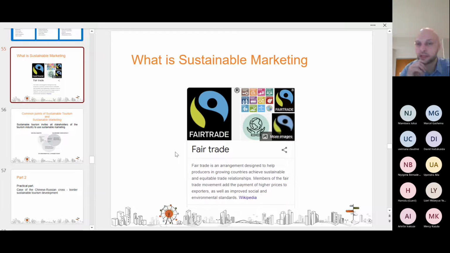This is quite popular in European countries, where you can get these or those products. For instance, a product with a fair trade sticker usually costs more. And by purchasing these products, you as a consumer understand that you are supporting the local farmers from African countries, from Asian countries, and so on.